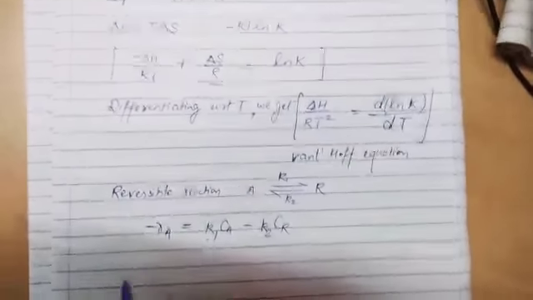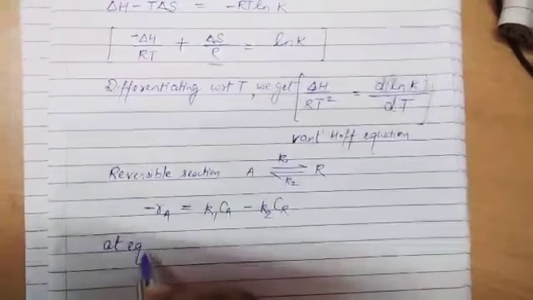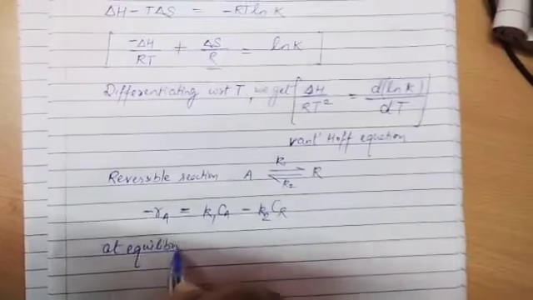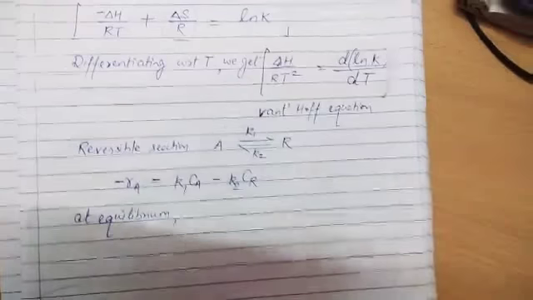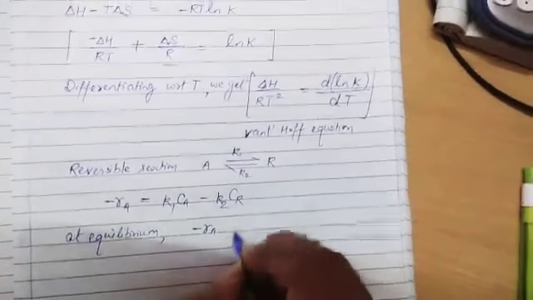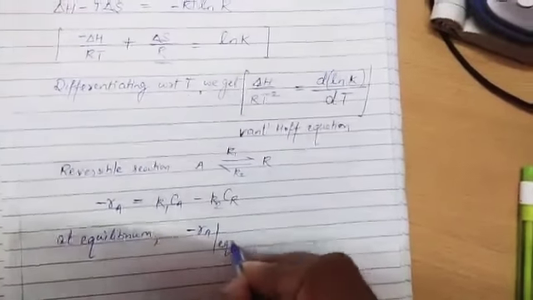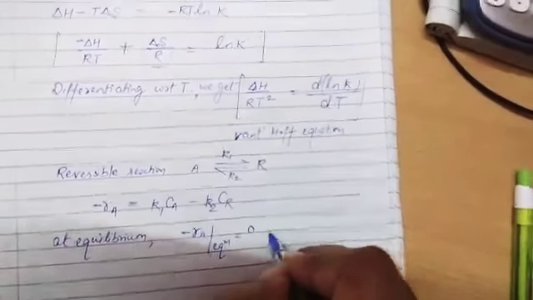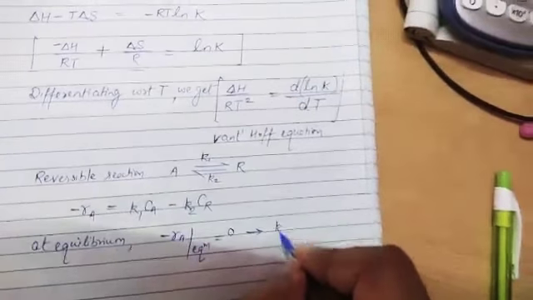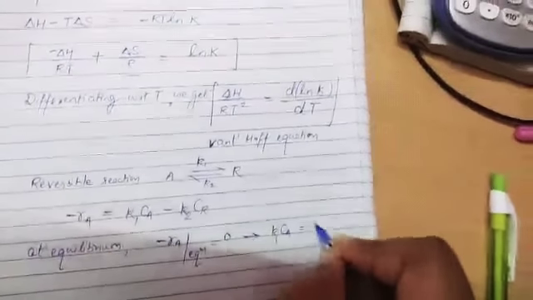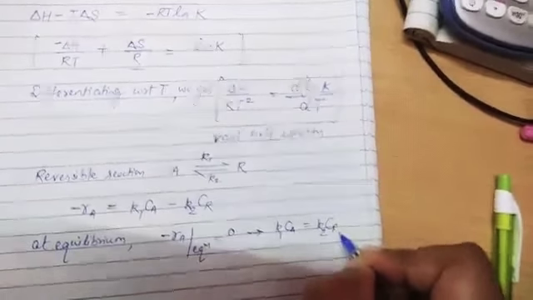Now at equilibrium, the rate of any reaction becomes 0. So minus rA at equilibrium becomes 0. That is, k1 CA is equal to k2 CR at equilibrium.